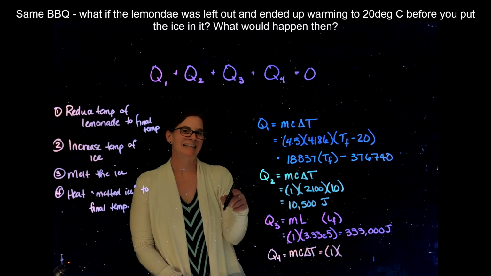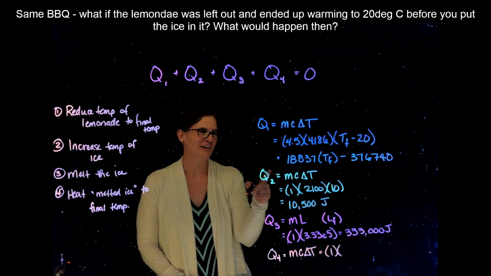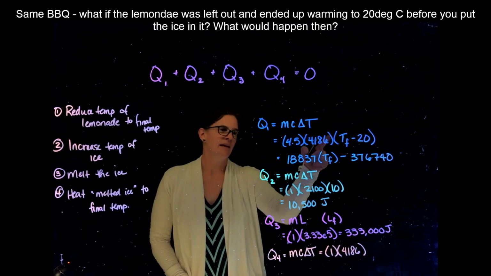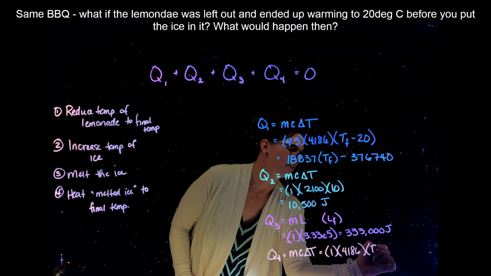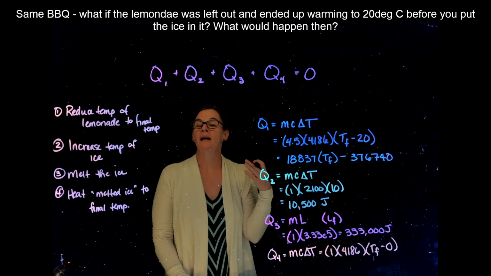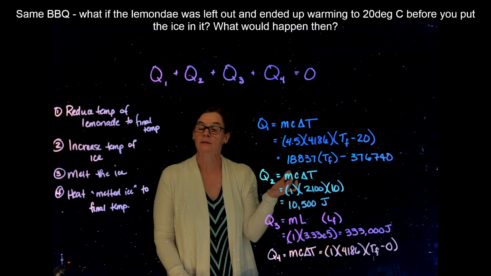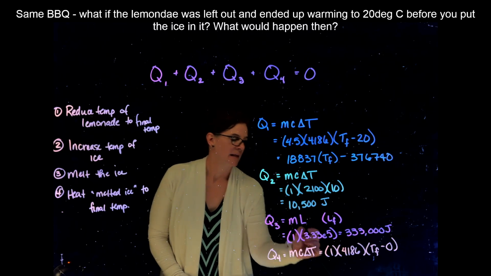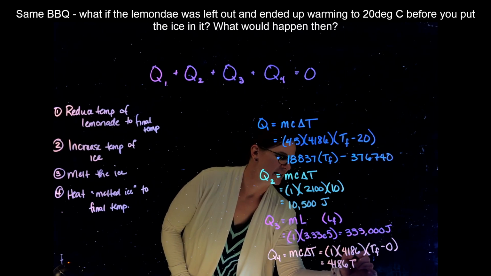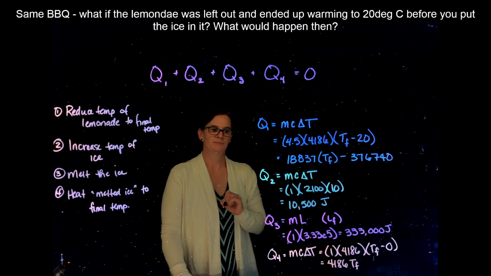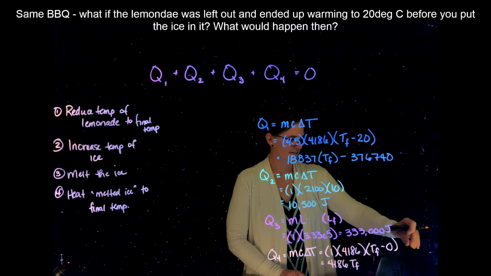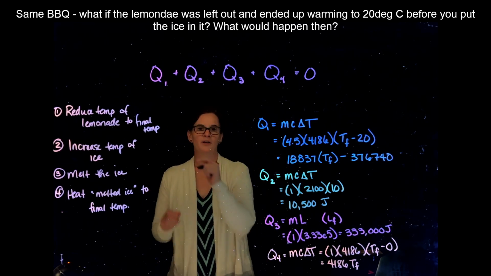The specific heat of water as a liquid is 4186. And T final minus 0, because we're at 0 degrees once everything is melted. And so that is 4186 T final.